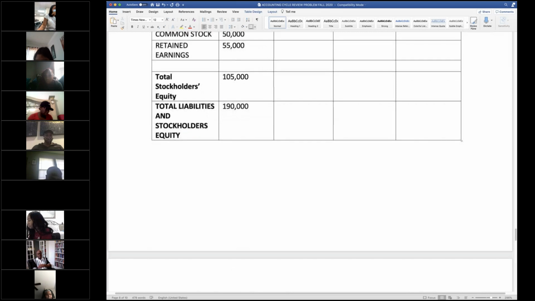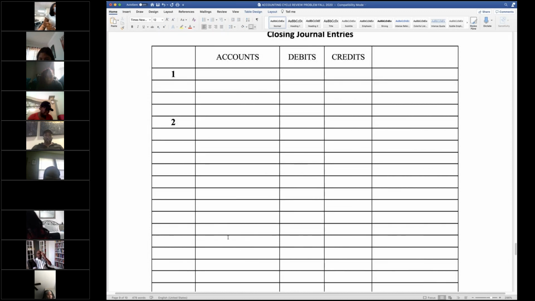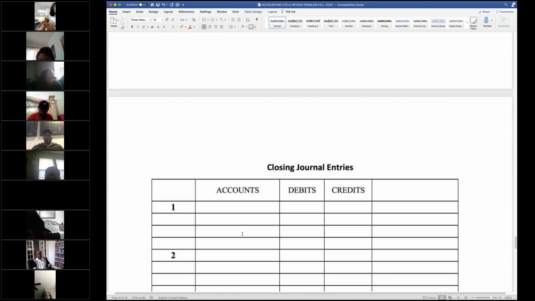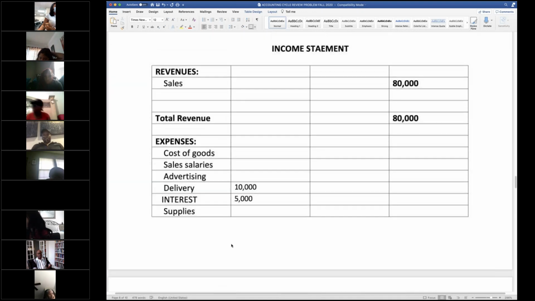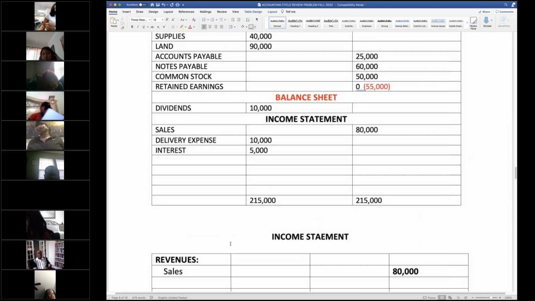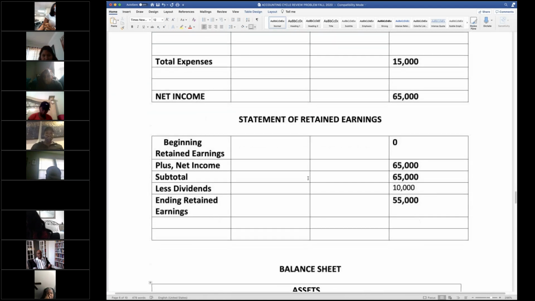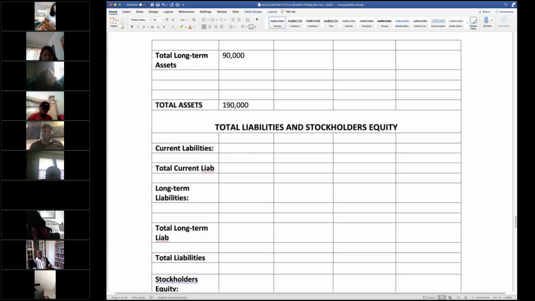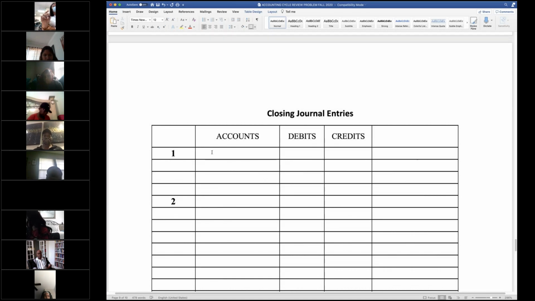Okay. So you need your closing entry. So I'm going to do 2 of the closing entries for you, because we have to close out every account below this red line. These are all temporary retained earnings accounts. So I'm going to close out sales first. I'm going to do the first closing entry for the revenue.